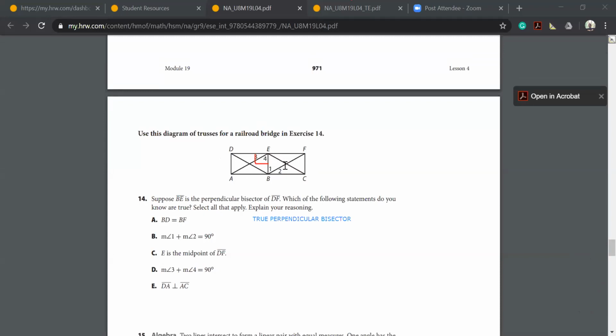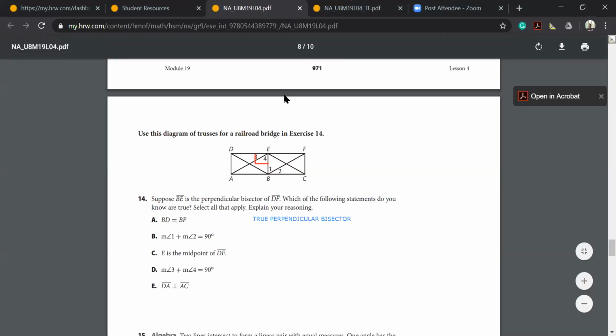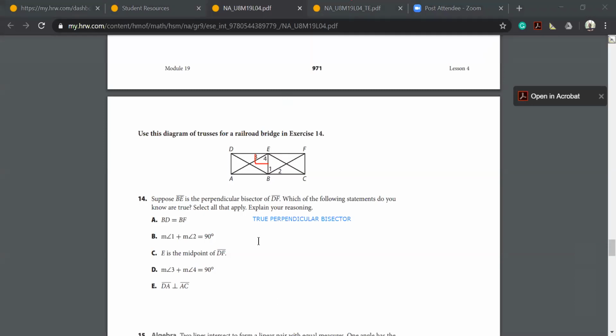So am I sure that angle 1 and 2 are exactly 90 degrees? Actually, the information is not enough. He didn't tell you to write true or false. Just write true beside the true. So for 1 and 2, the information is not enough, so I can't say for sure that it's true. So I'm going to leave it empty.